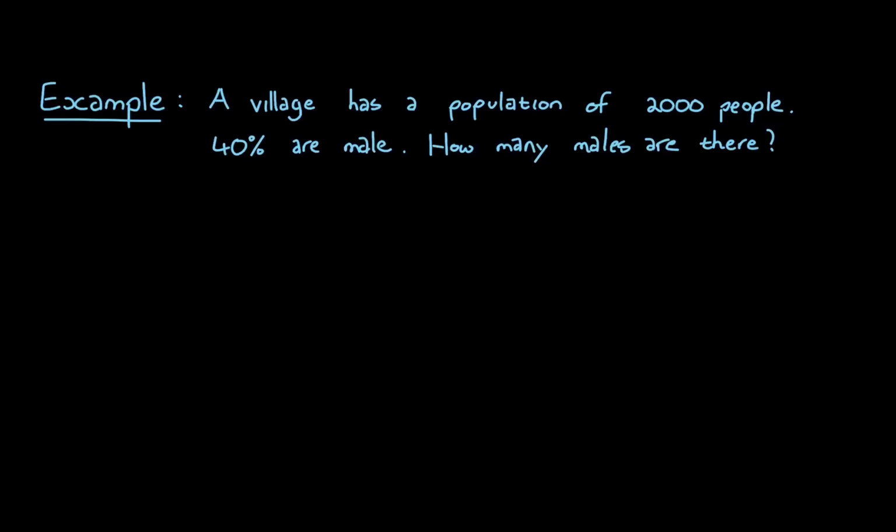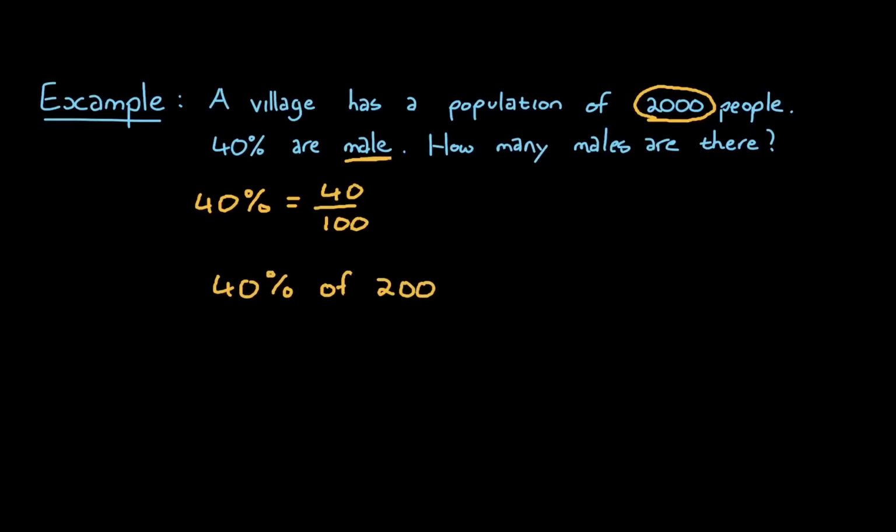Now we know that 40% is the same as saying 40 over 100, and we're given the population of 2,000. So we're finding the number of males, and 40% of 2,000 will give you the number of males.